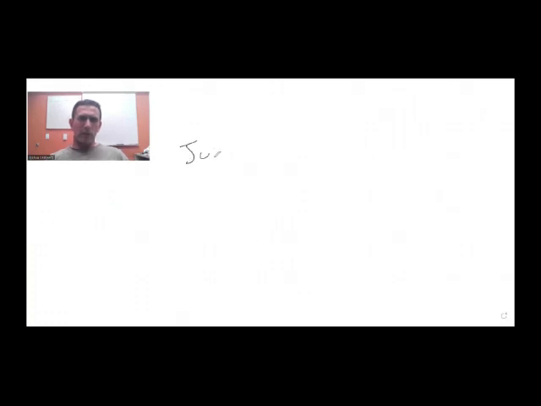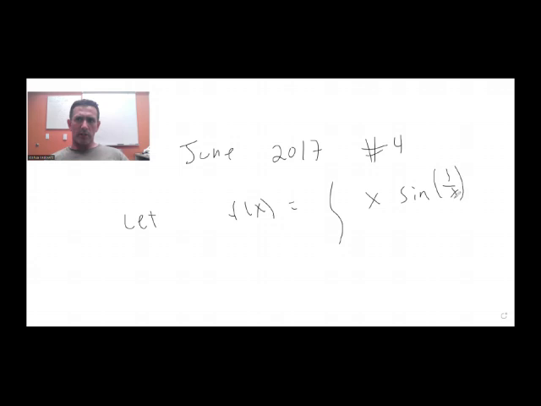So, June 2017, number 4. Let's say f(x) is the following function: x sin(1/x) if x is not 0. I'll make this a little neater, smaller. I want to fit this in.